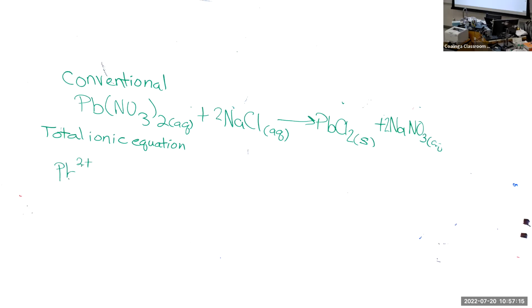Oh, I don't know. Okay, and then we have the nitrate. What is the charge on the nitrate? Nitrate is going to be negative. Okay, and there's two of them.